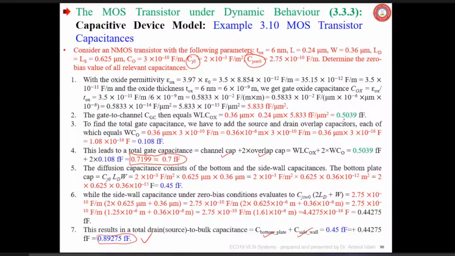So all the capacitances you have to find out, and this is one value, for example. Similarly, another value is WCOX, the gate to channel capacitance CG. Then this leads to the total gate capacitance. Adding these two things, 0.5039 femtofarad plus this one, it gives you 0.7 femtofarad. So if you go through this example, things will be more clear.